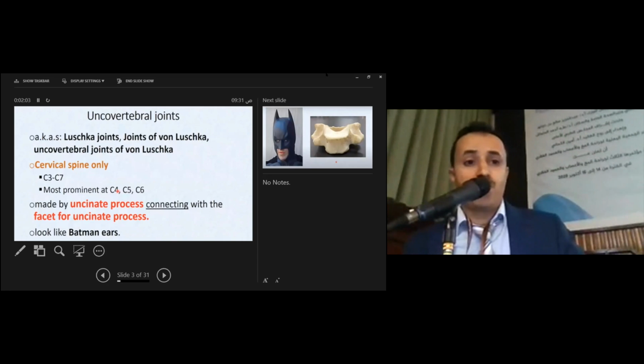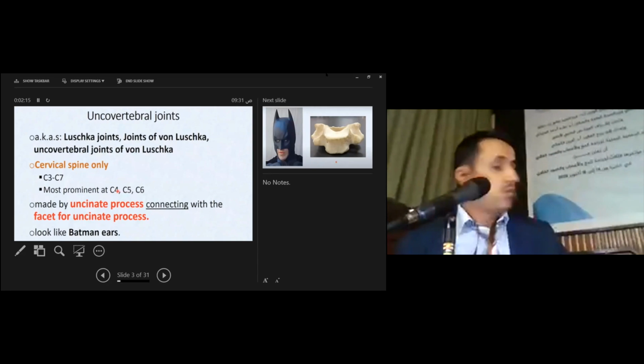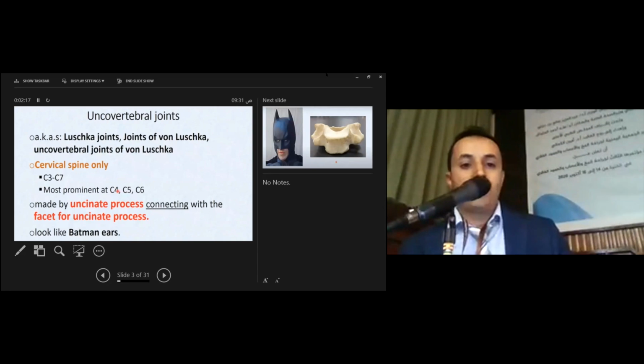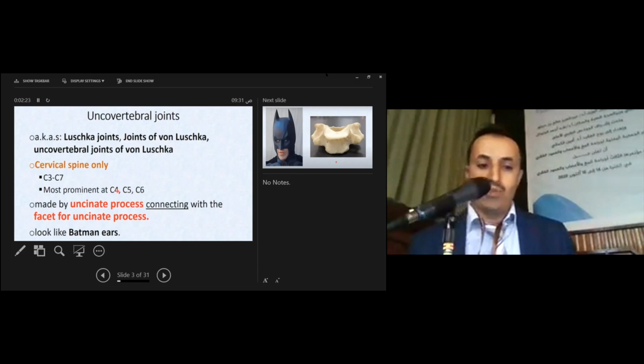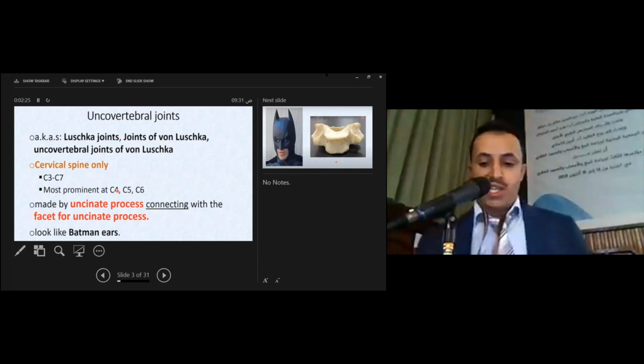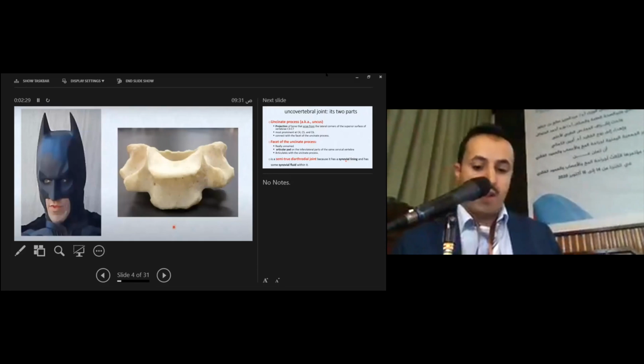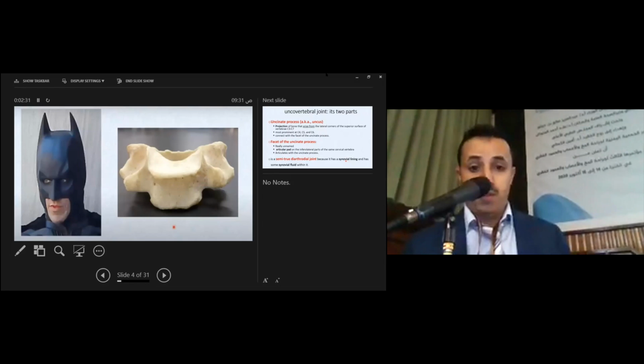It is only in the cervical spine, C3 to C7, or sometimes to T2, most prominent at C4, C5, C6. It is made by the uncinate process connecting with the facet for the uncinate process. The shape looks like Batman ears.